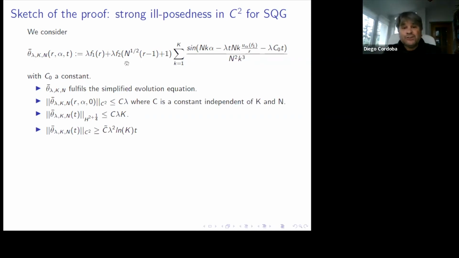Now look at the solutions. The solutions are C infinity. So now you understand why we cook up this type of solutions, and that's to fulfill these properties. And all these estimates are independent of capital N.